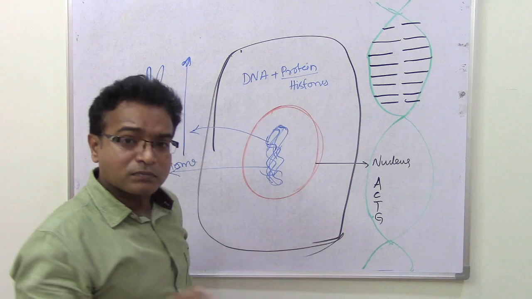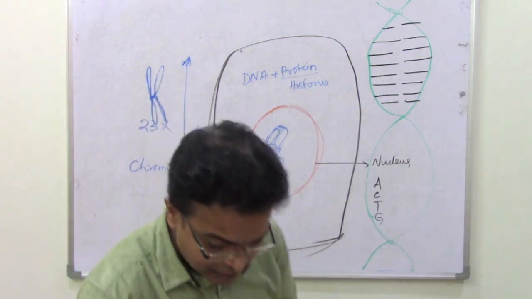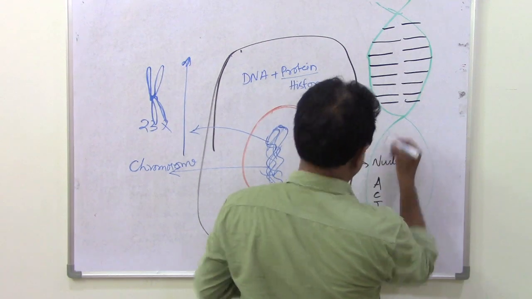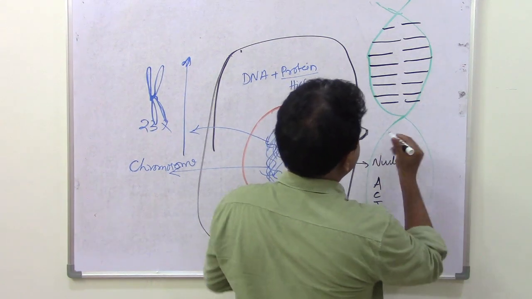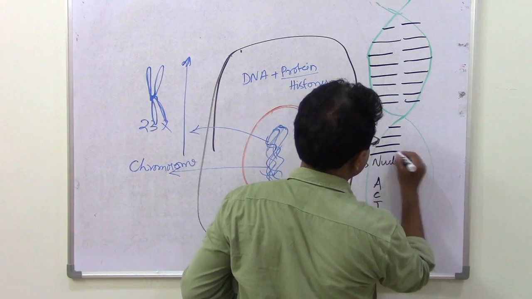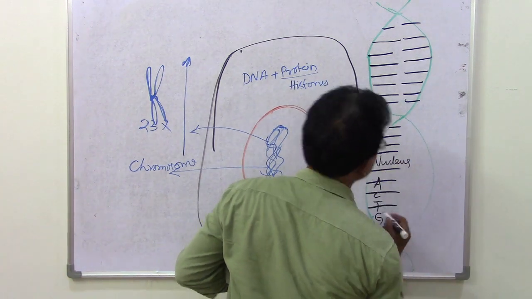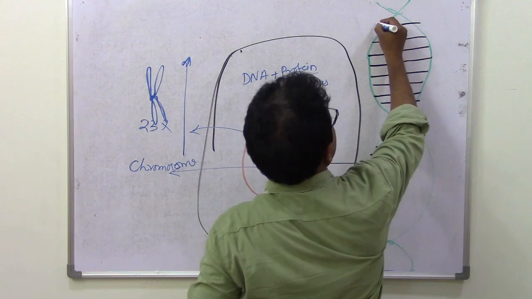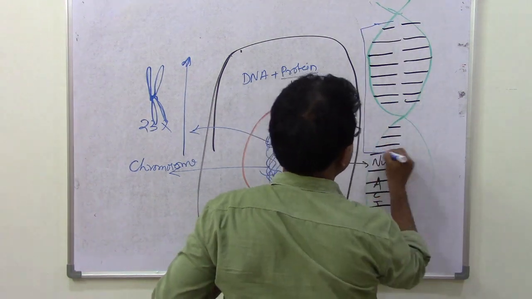Now, what is a gene? A segment, a part of the DNA strand. Let's say from here to here.